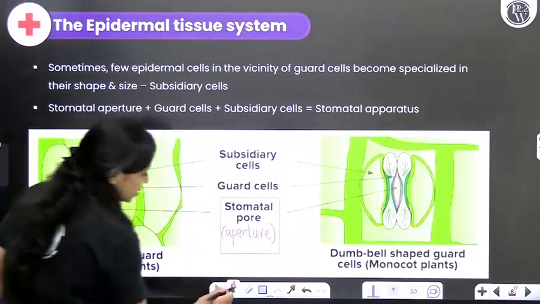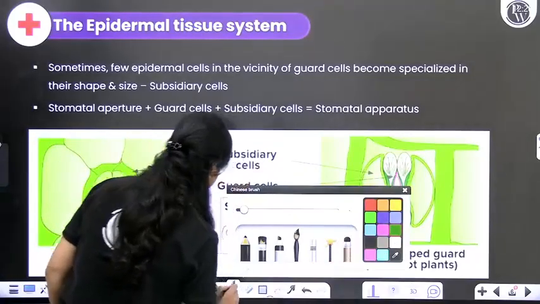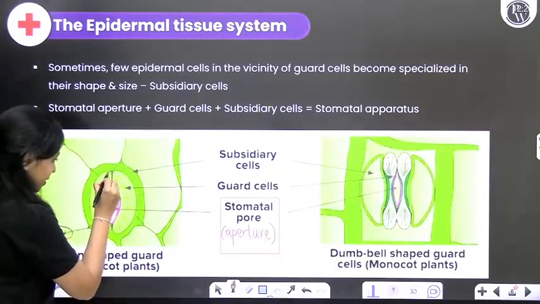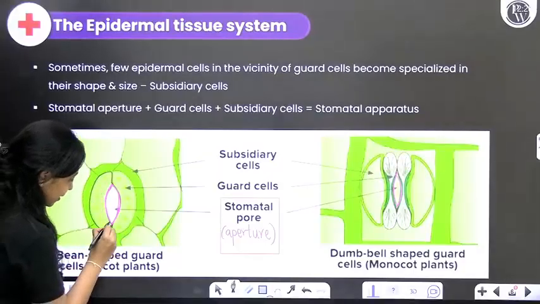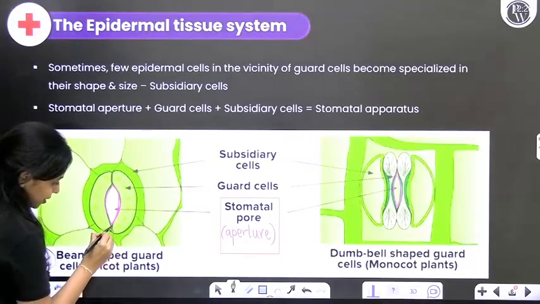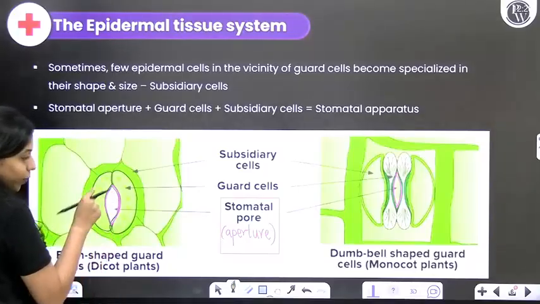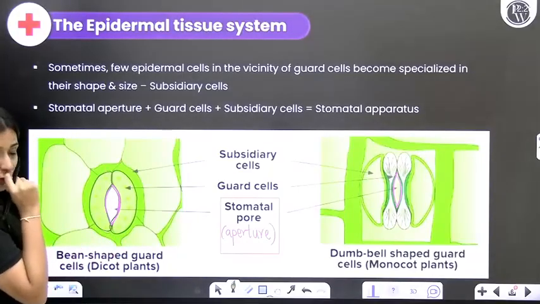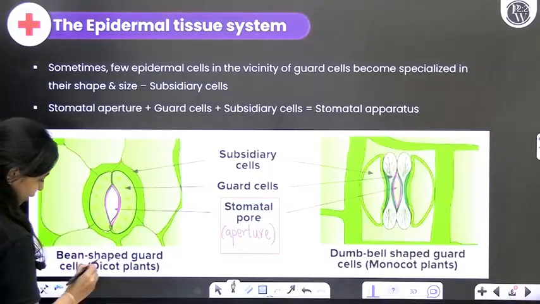These are your two guard cells. I will outline them in dark green color. Okay, so this is one guard cell. This is the other guard cell. You can see how it is bean shaped or kidney shaped. This is in dicots.